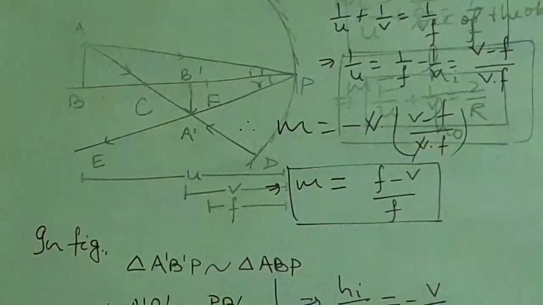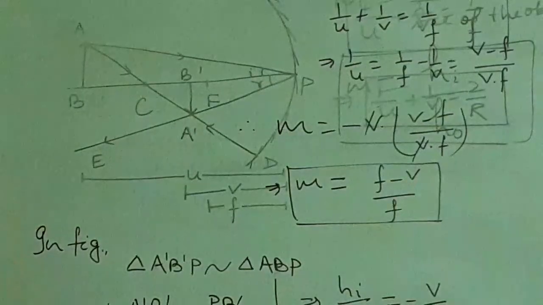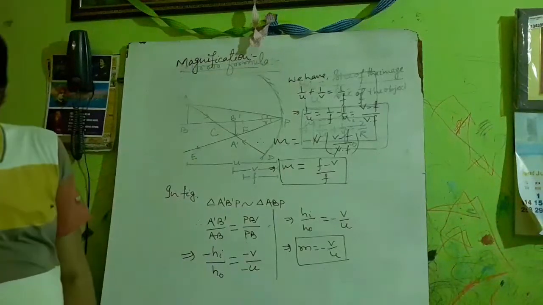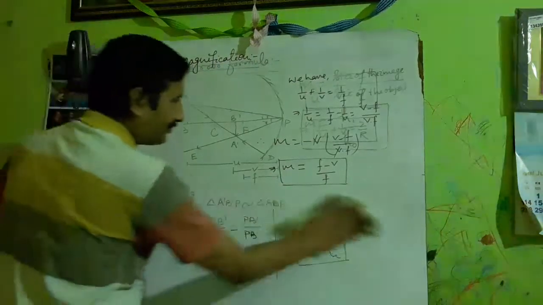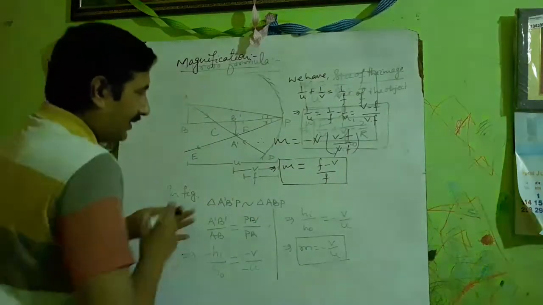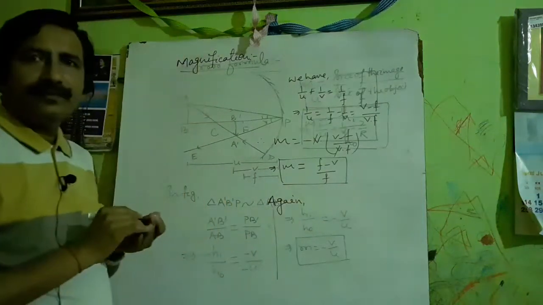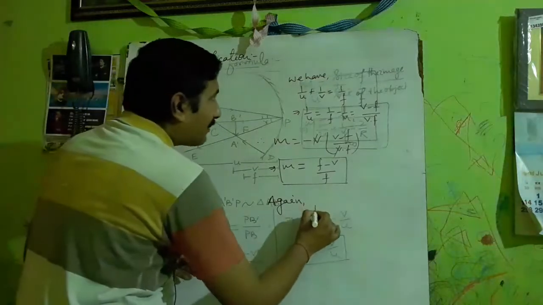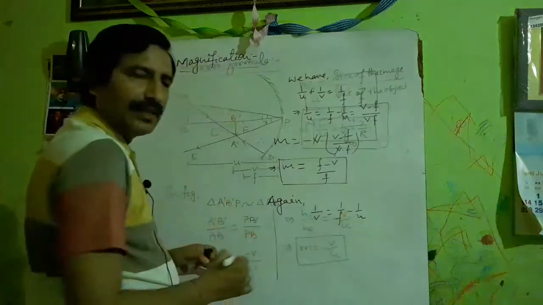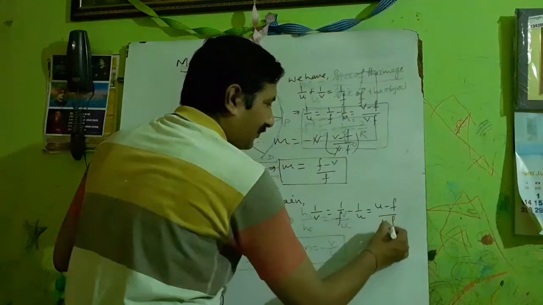Got it? Now, in the same way, we can replace v from the magnification and we will have the formula of magnification in terms of u and f. You see how? Again, 1 by v is equal to 1 by f minus 1 by u. So it will be u minus f by uf.